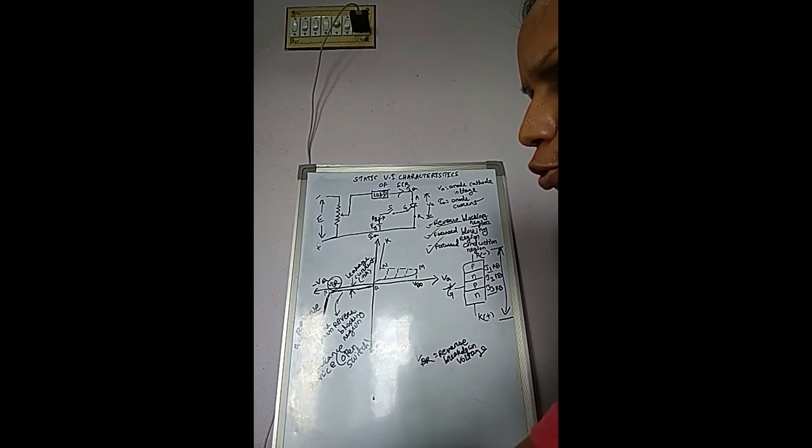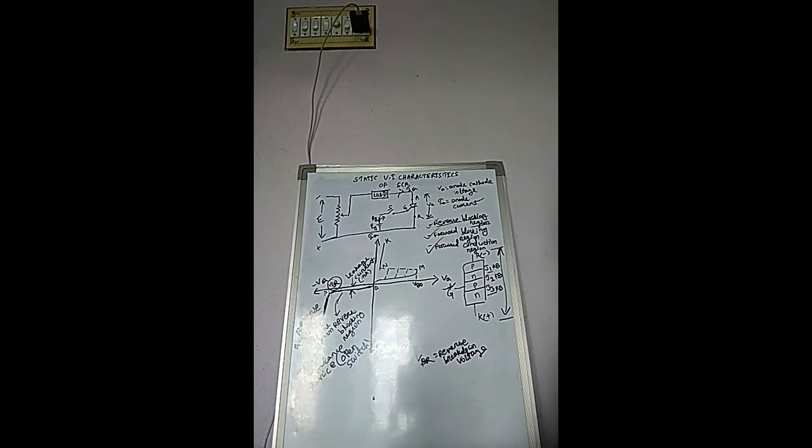The next portion is the forward blocking region. But before going to it, I am telling you something important related to this layer diagram. In the layer diagram of SCR, it is not only about P and N; it is represented by its doping level.